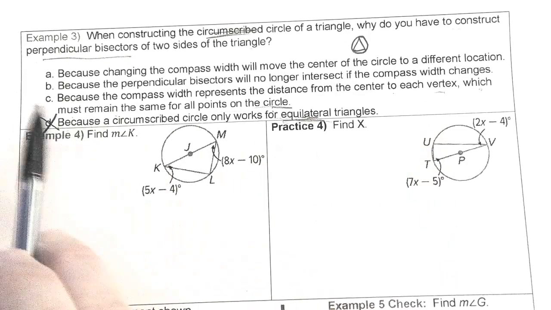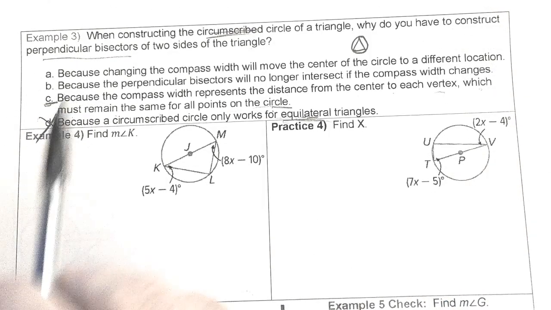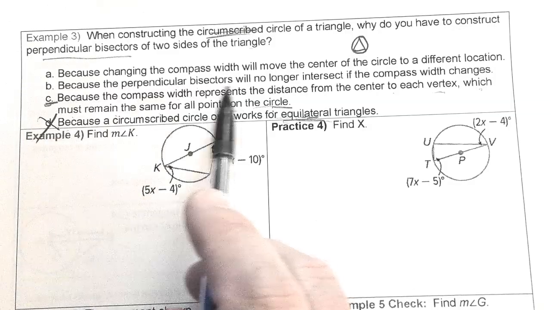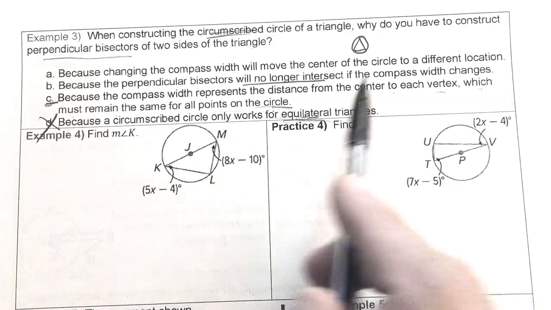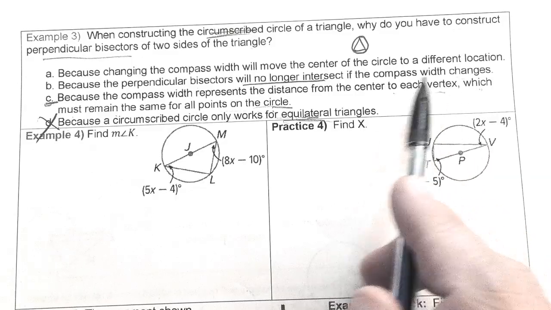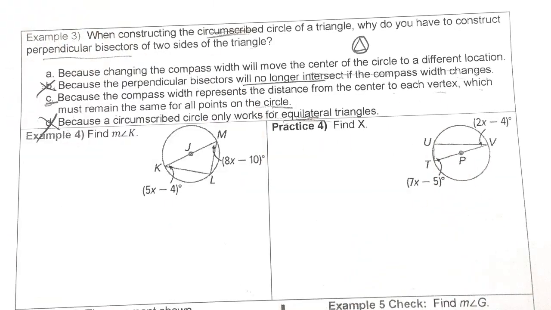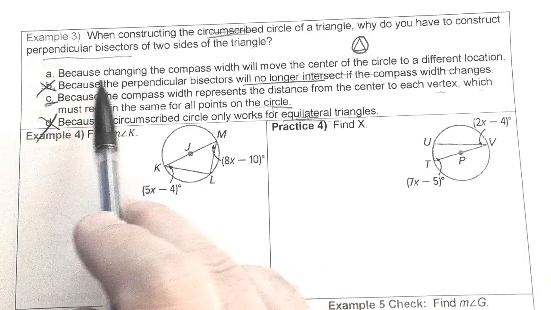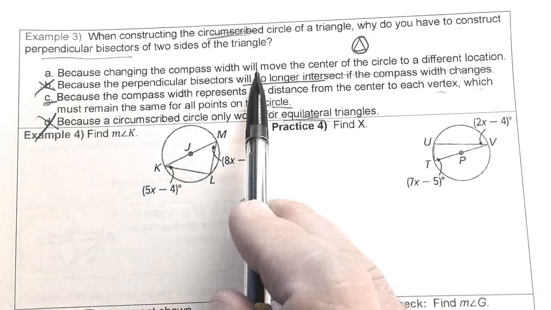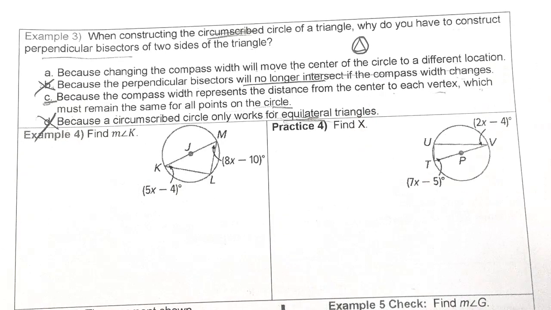All right, well, we won't say no to that. We're just going to put a little mark, because there's some truth to that. B, because the perpendicular bisectors will no longer intersect if the compass width changes. Well, I don't know what any of this means, so it's a definite no. And then A, because changing the compass width would move the center of the circle to a different location.